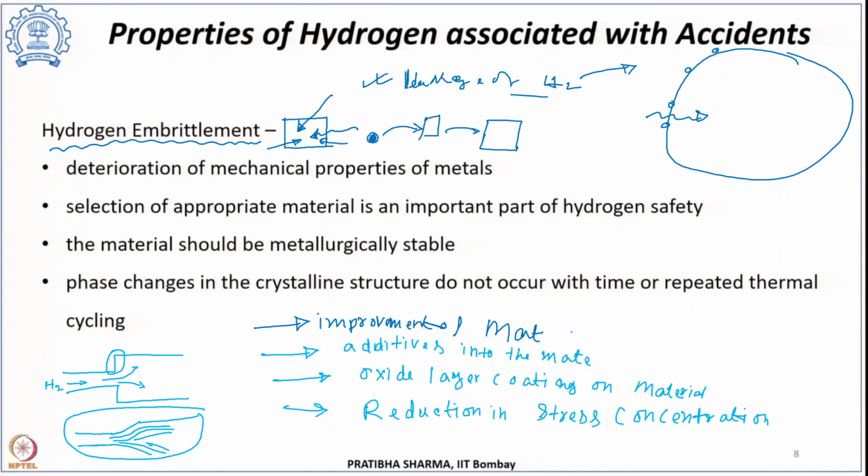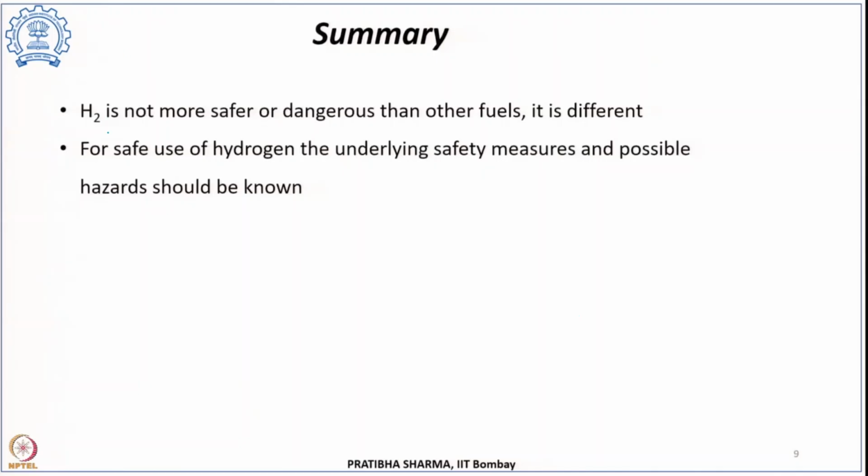Okay, there are three types of hydrogen embrittlement. First one is the environmental embrittlement.